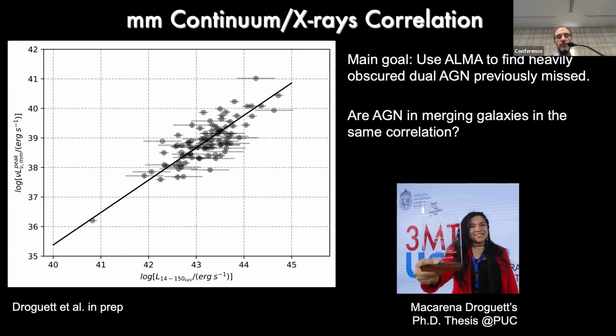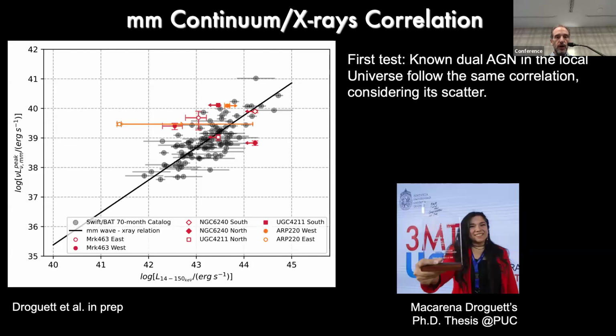The first question that she's trying to answer is whether these dual AGN are found in the same correlation, because this correlation, which was mostly obtained for isolated systems, is mostly for isolated sources. Of course, as you may expect, the dual AGN and the non-dual AGN appear to follow the same correlation, taking into account the scatter of the correlation.